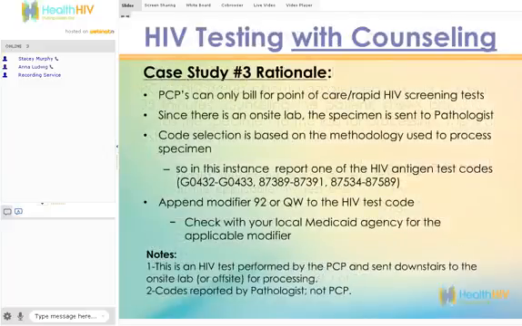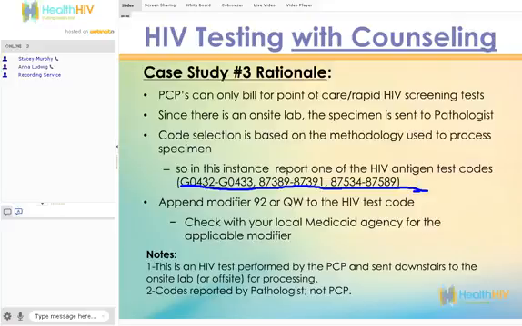So here's the rationale. In this instance, this was an HIV antigen test service. So here are the codes that it would have been selected. And since this was a service that was performed by the pathologist, meaning this was not a rapid, these services were sent downstairs to the pathologist, and the pathologist would report one of these.